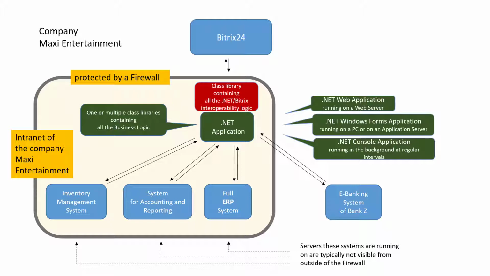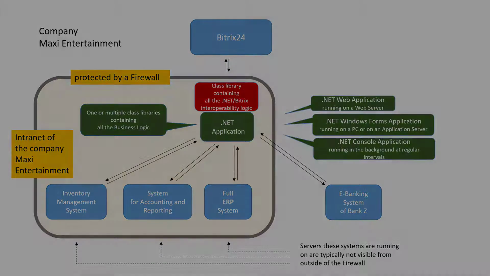Such a class library called .NET Bitrix Interoperability Layer makes it quite easy and comfortable for .NET and Python developers to interact with Bitrix24. All the complexity of the interaction is encapsulated in the interoperability layer, and the interoperability layer is exposing a quite simple, object-oriented and type-safe interface to surrounding programs. Okay, let's see this now in action.